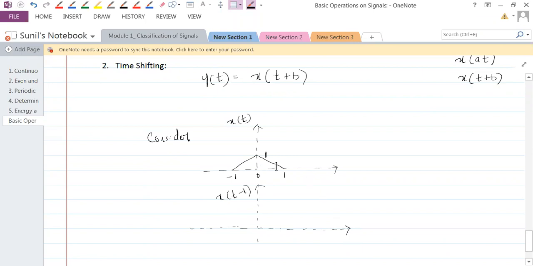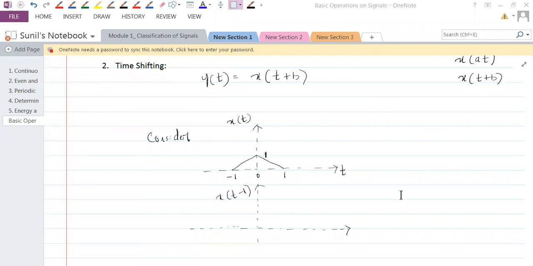Is performing x of t minus 1 shifting x of t to the left or to the right? Logically, we think that t minus 1 shifts x of t to the left, isn't it? But that is not what is happening.